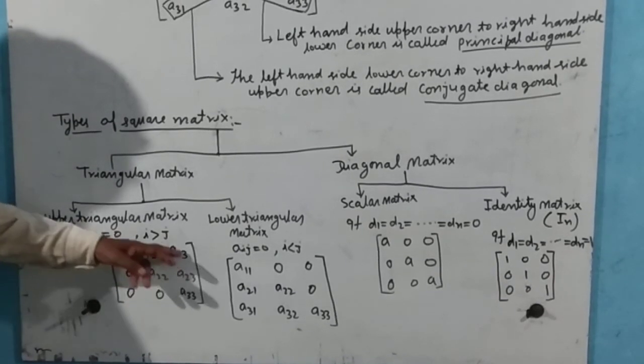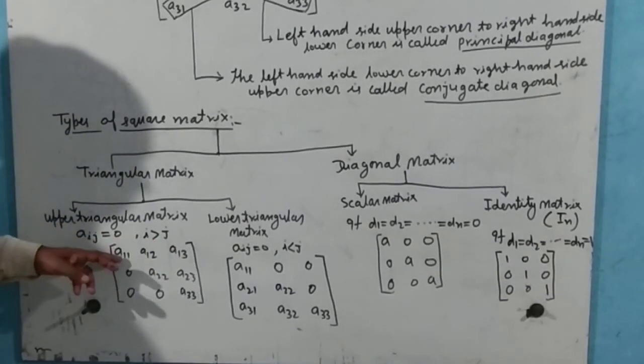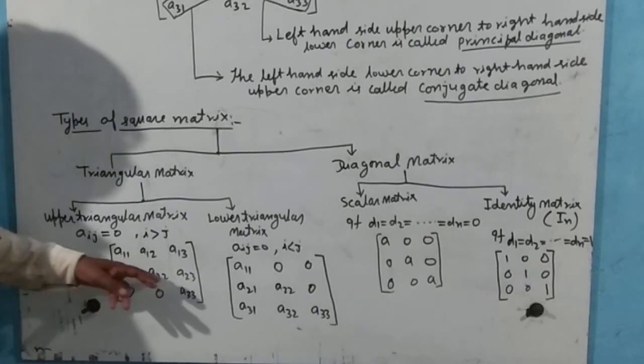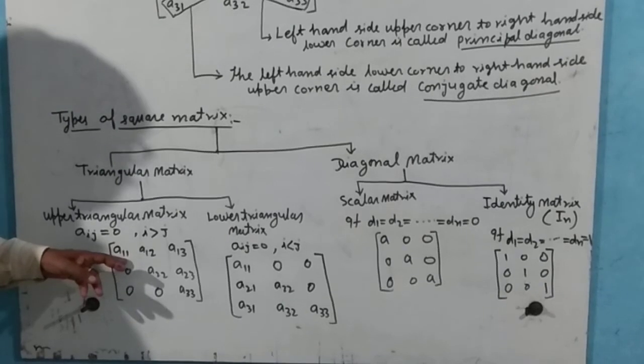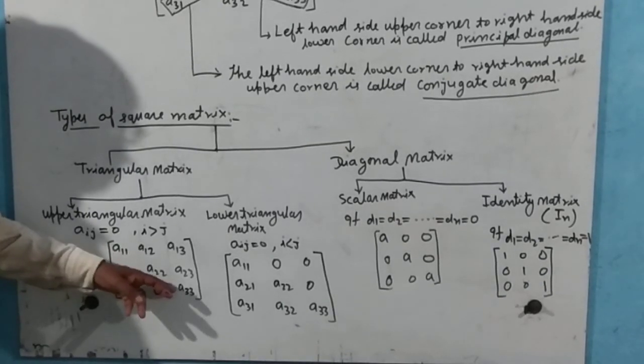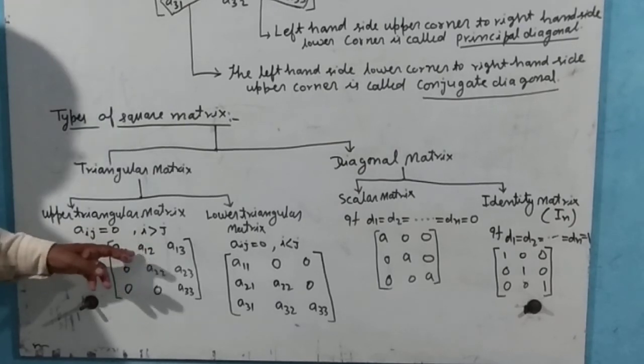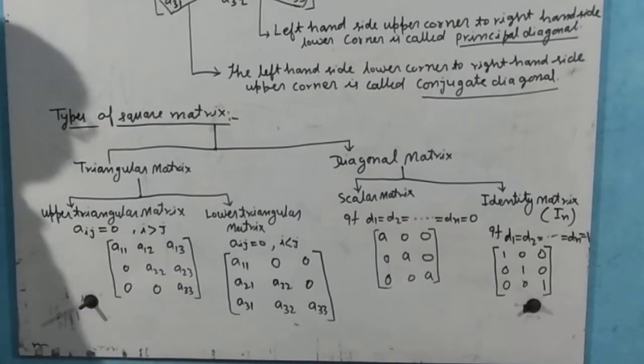Because the elements with respect to the principal diagonal exist in the upper direction, this is known as the upper triangular matrix.